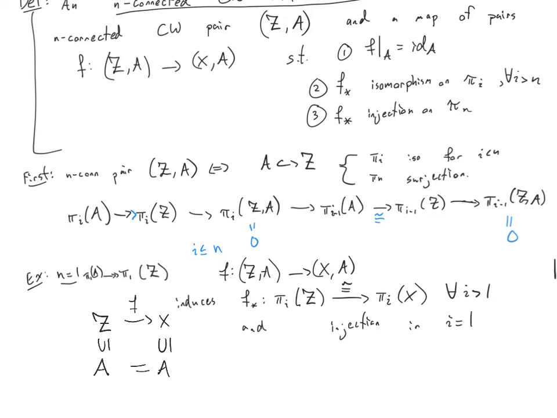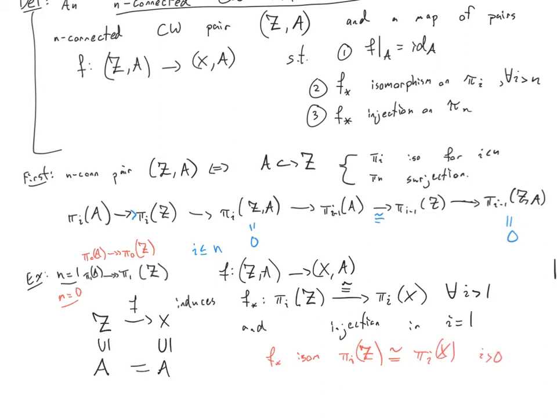So let's just point this out. N equals 0. You'd end up with pi 0 of A surjecting onto pi 0 of Z. And then this would tell you that F star is an isomorphism, pi I of Z to pi I of X for all I bigger than 0.